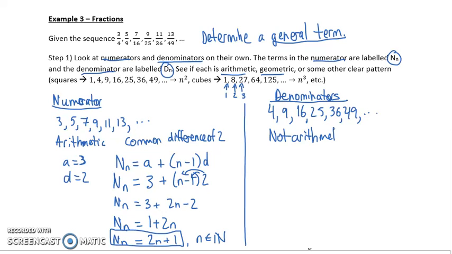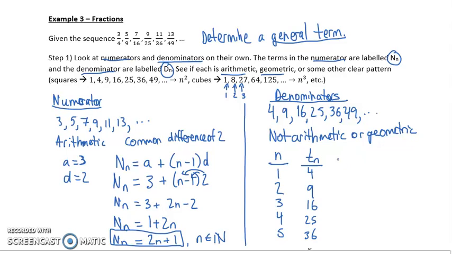We'll note that very quickly as well, but we see those are squares. And so what we want to do here is say, if the term number is the following, and the term values are a little bit off, then what do I actually have here? I've got 4, 9, 16, 25, 36, etc.